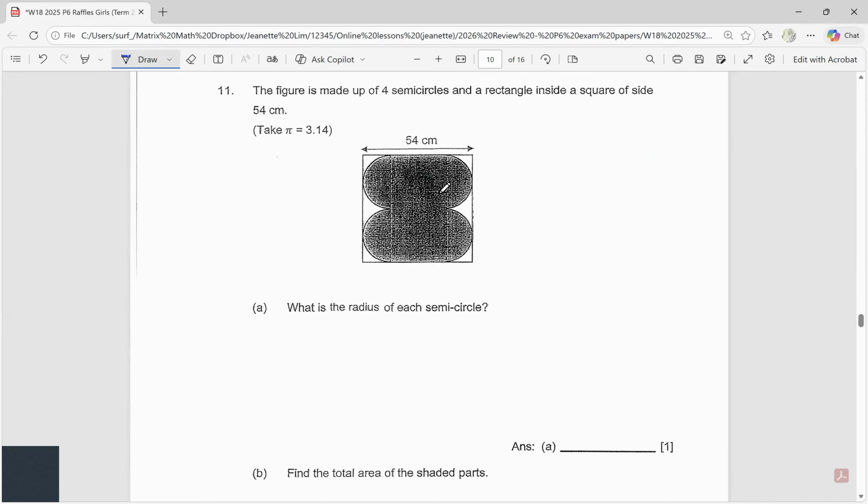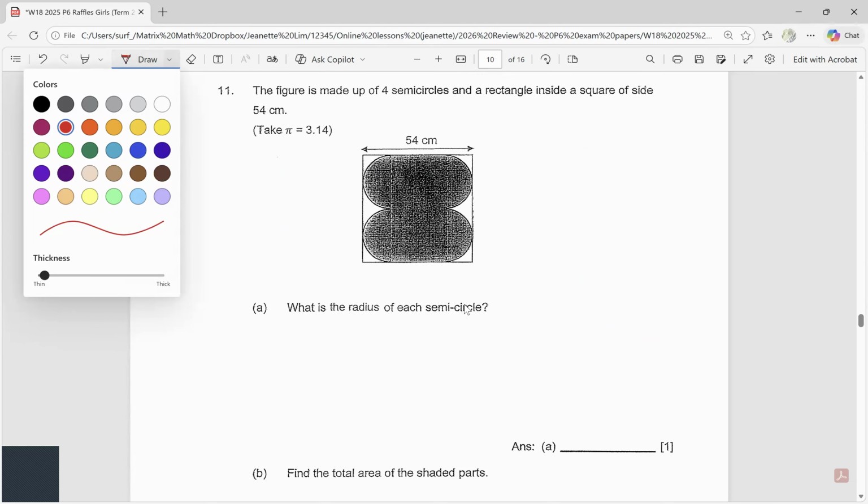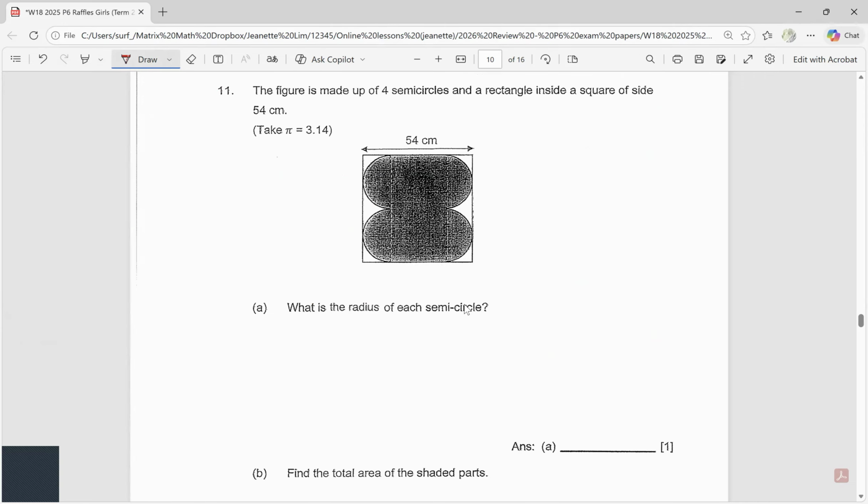Question 11. Figure is made up of 4 semicircles and a rectangle inside a square of side 54 cm. What is the radius of each semicircle? Okay, so this is 54.